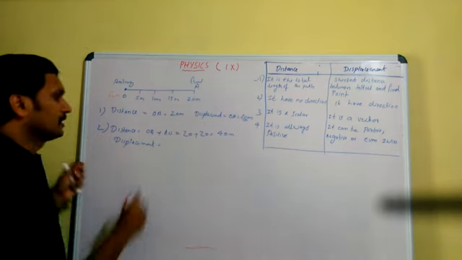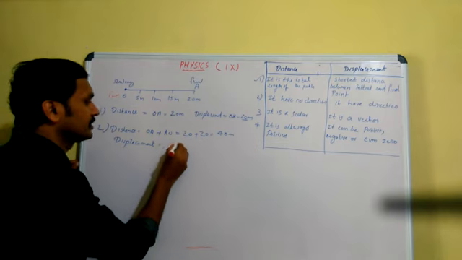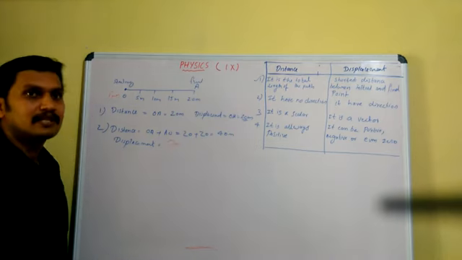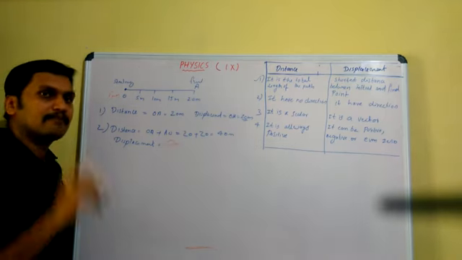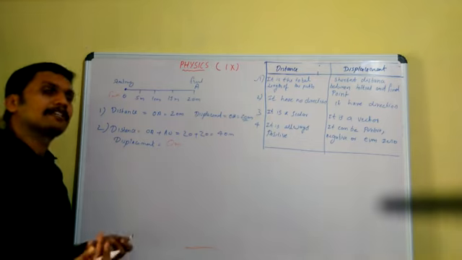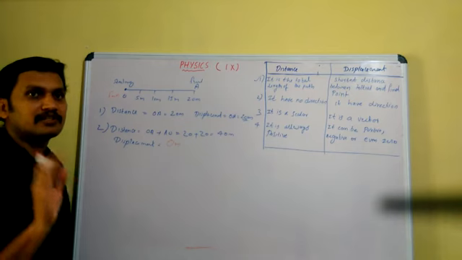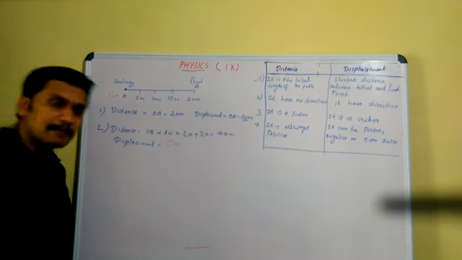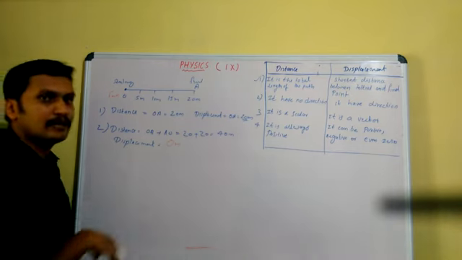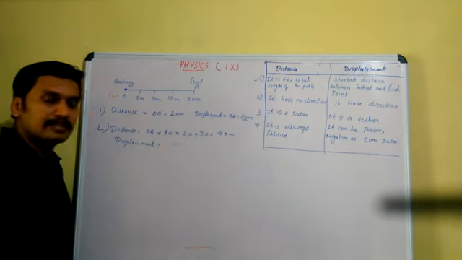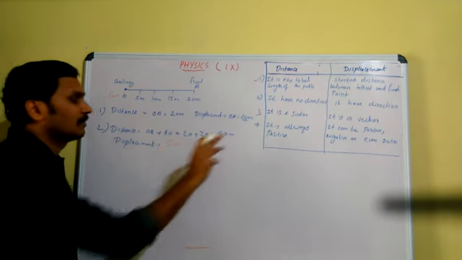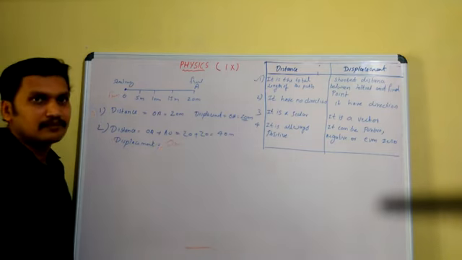In this example, displacement comes to 0. So the second important point: displacement can be 0, but the distance travelled by the object cannot be 0.